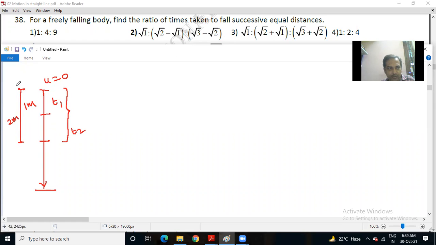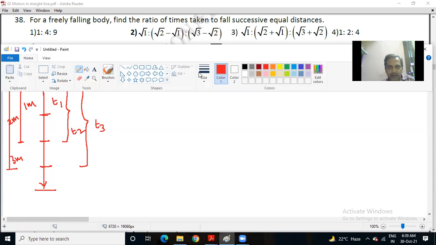This is 0 to 2 meters. Now this may be 0 to 3 meters. So as per the question, to come 0 to 3 meters, it may take a time of T3 seconds.